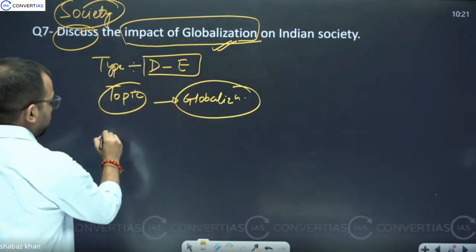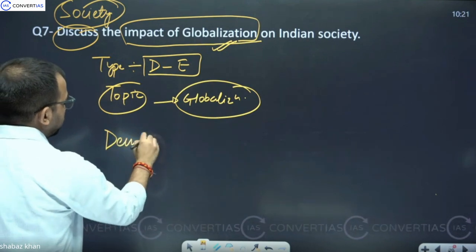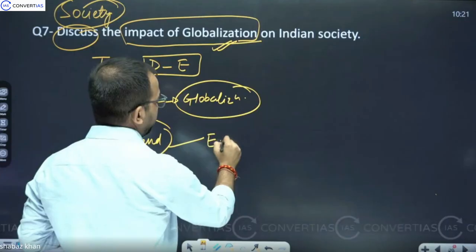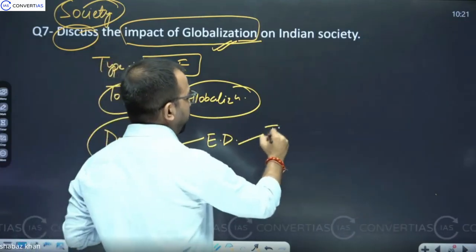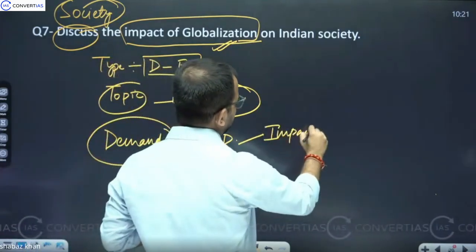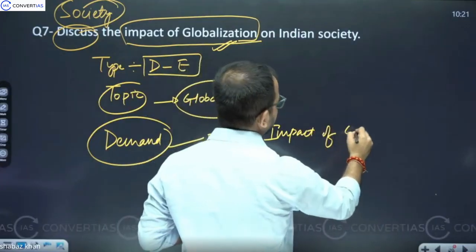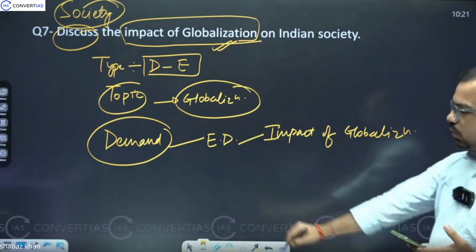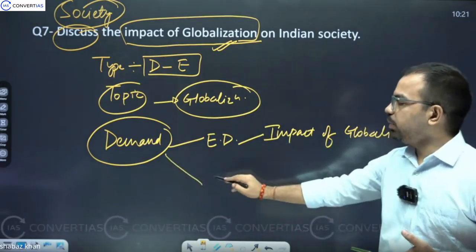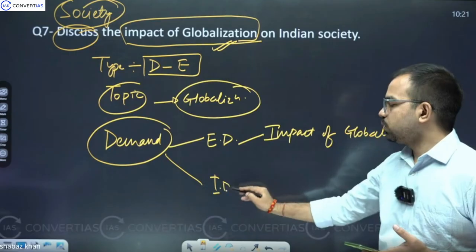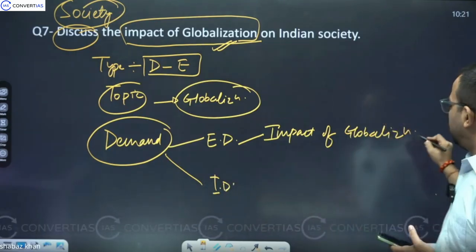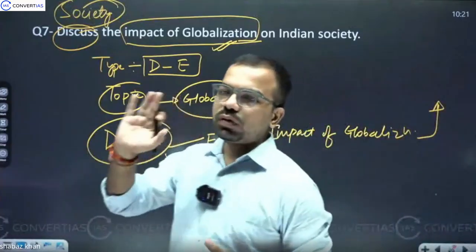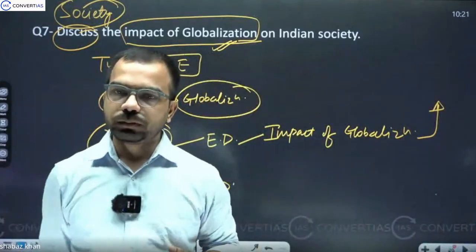What is the demand? Explicit demand is impact. Just have to write down the impact of globalization. But is there any implicit demand also? Have most of the countries accepted globalization?